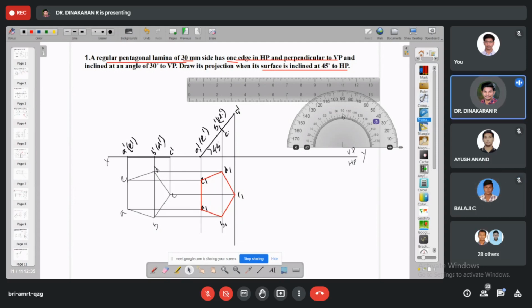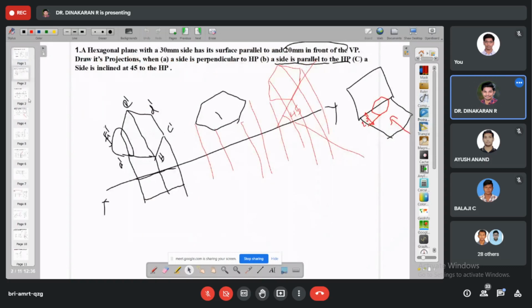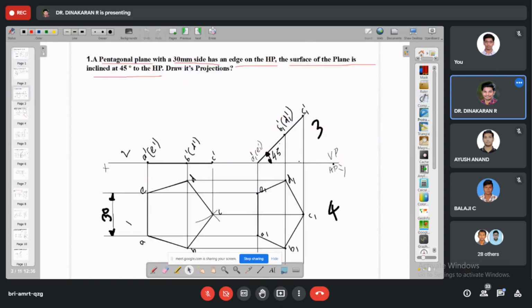So one edge is resting on HP, what do we need to assume? If the surface is inclined to HP, what do we need to assume?